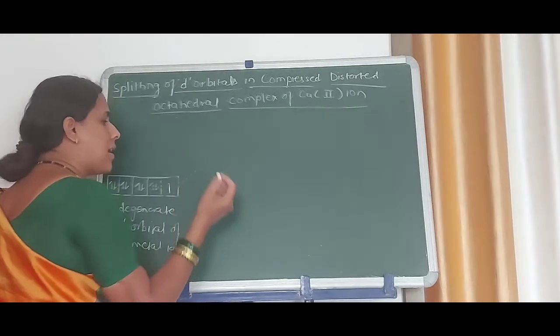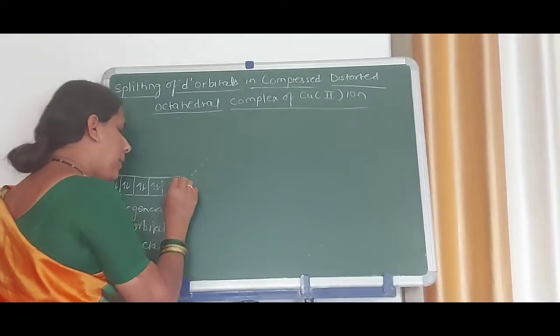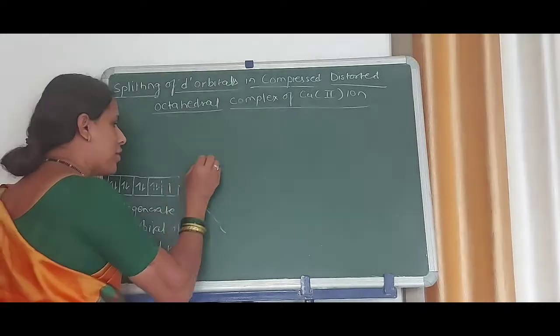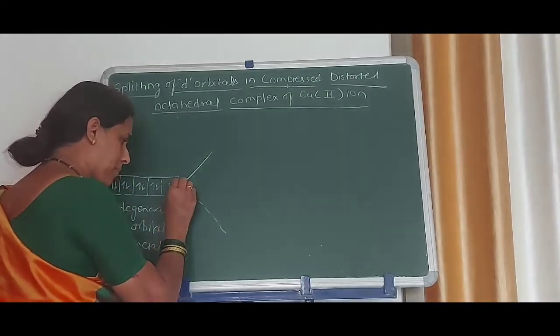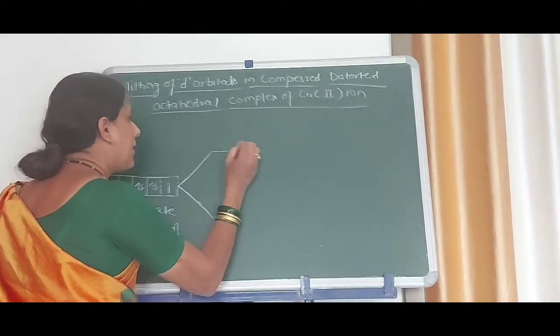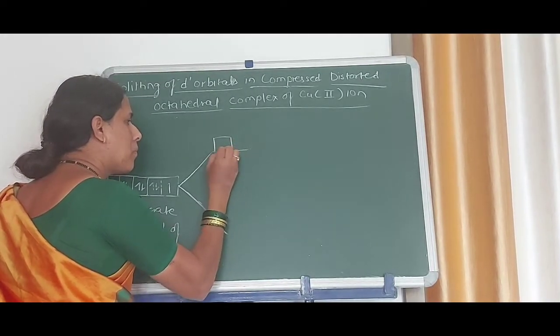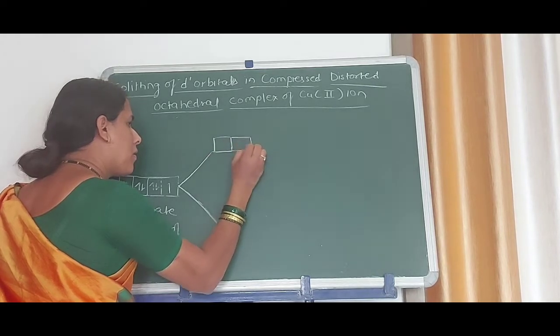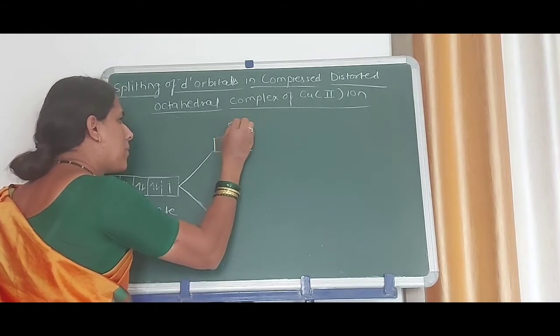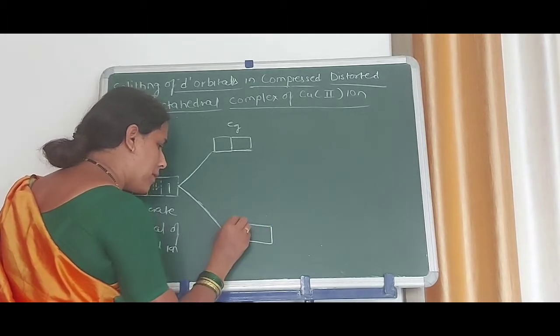Now, when the ligands approach, they split up so that 2 are the Eg orbitals and 3 are the T2g orbitals.